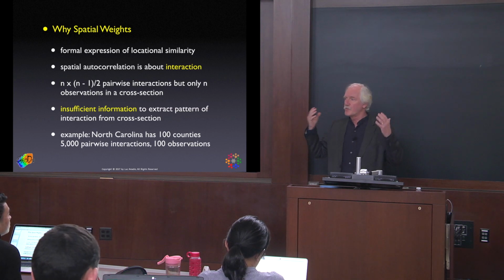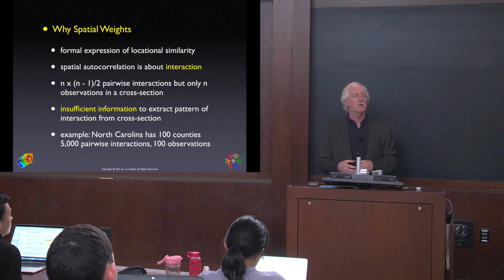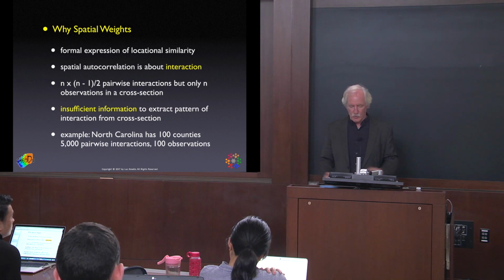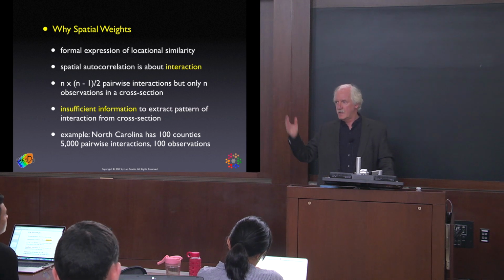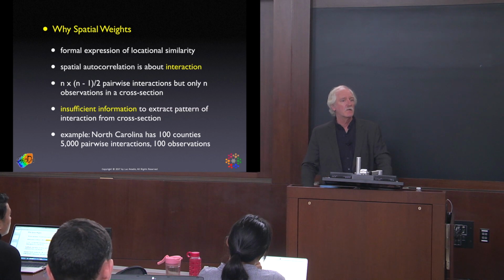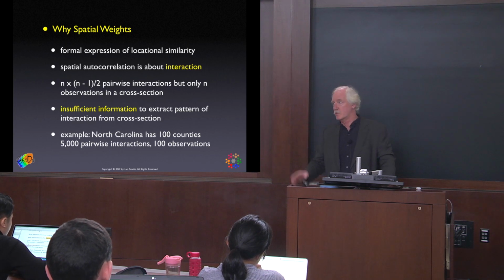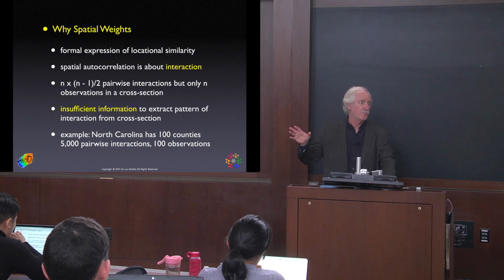So, okay, where does the spatial weights matrix come from? Well, we take geographic neighbors. Is that appropriate? Maybe, maybe not. If you're looking at states and where they set their Medicaid rates, do they look at their neighbors? Probably. Maybe they look at neighbors in some other network space, like the political space.